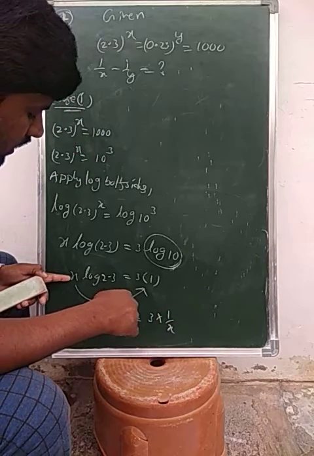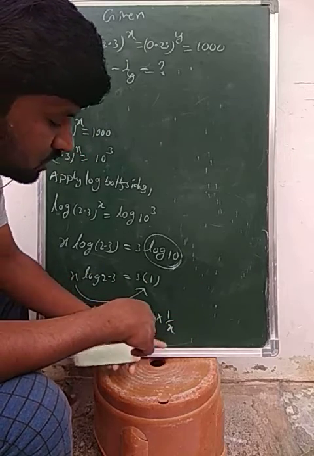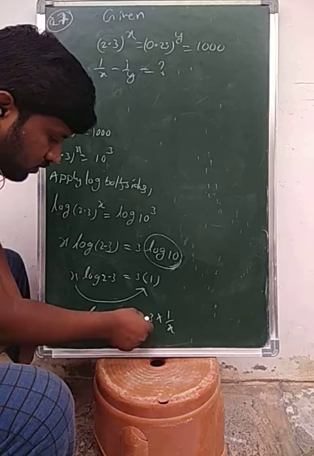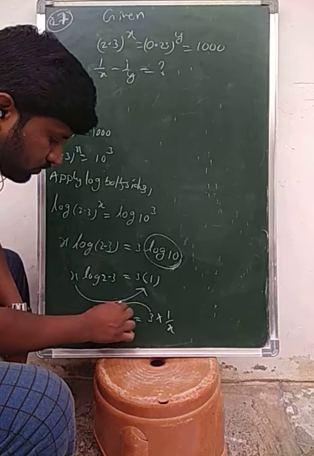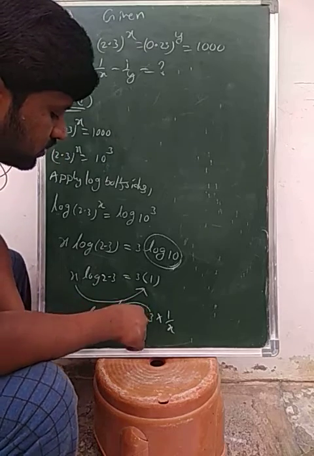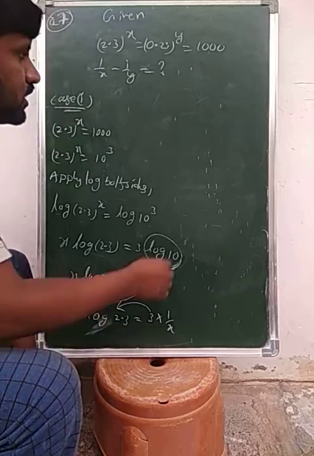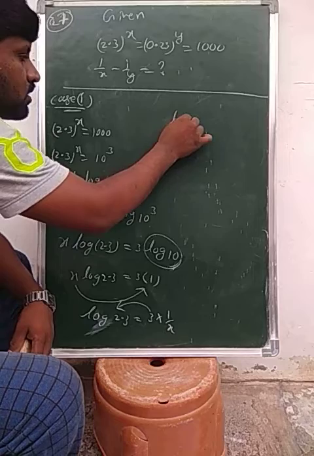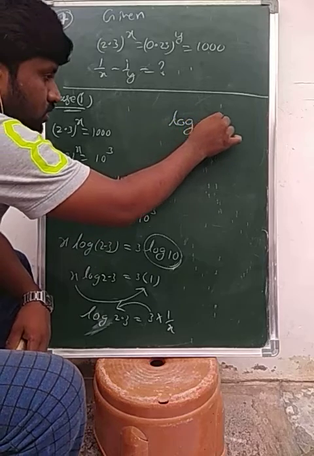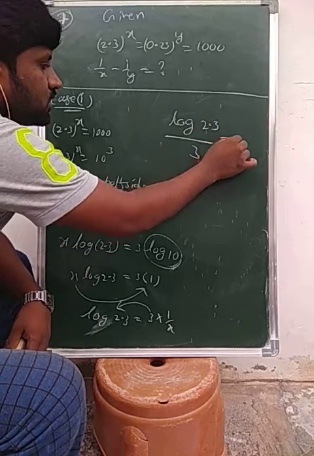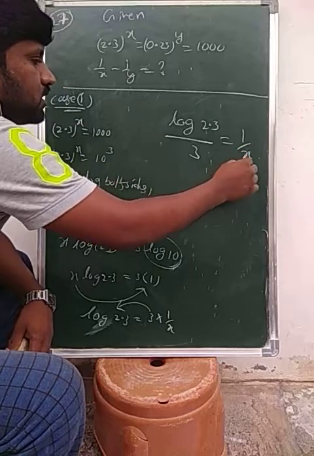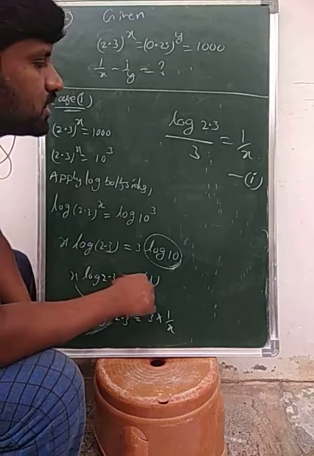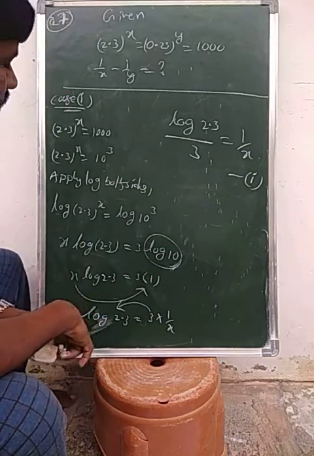A multiplication quantity becomes a division quantity. Then again, transposing 3 to the LHS side, a multiplication quantity becomes a division quantity. So we get log of 2.3 by 3 is equals to 1 by x. So this is equation 1, you consider it as. Are you understood, students?